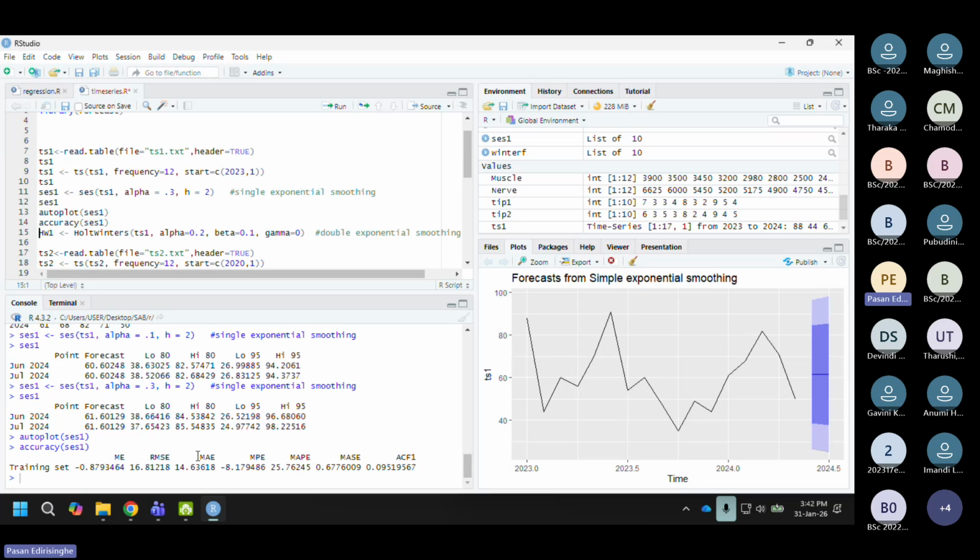And the MAE is the mean absolute error, that is the mean absolute deviation. And then the mean percentage error, mean absolute percentage error, and so on. So these are the different measurements, right? And then I have to check on what these actually are. So there are different measurements like that.